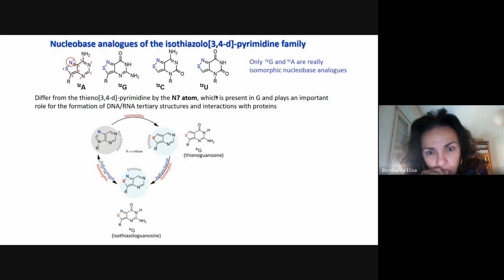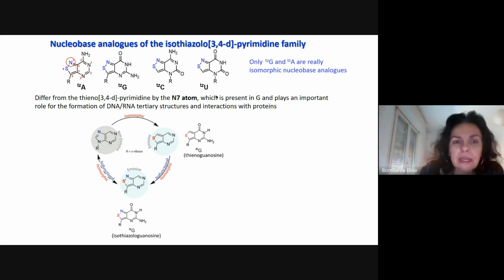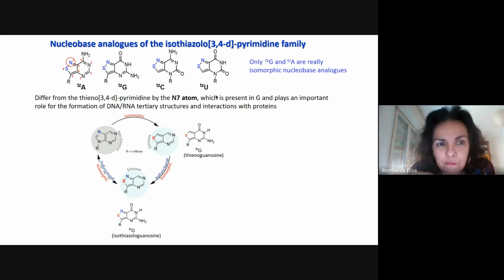Because there was the thienopyrimidine family, but with the isothiazolopyrimidine family the isomorphism is improved, and we can have not only isomorphism, but also isofunctionality.